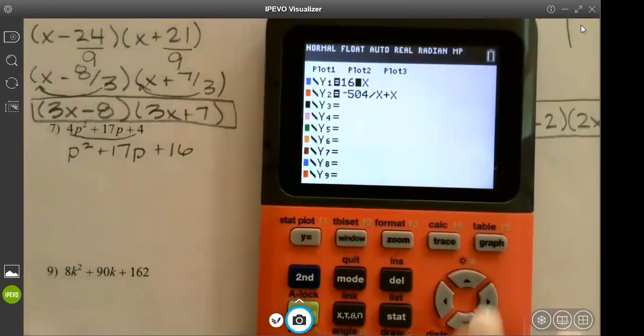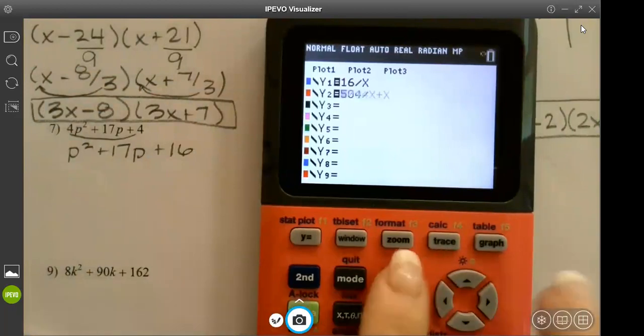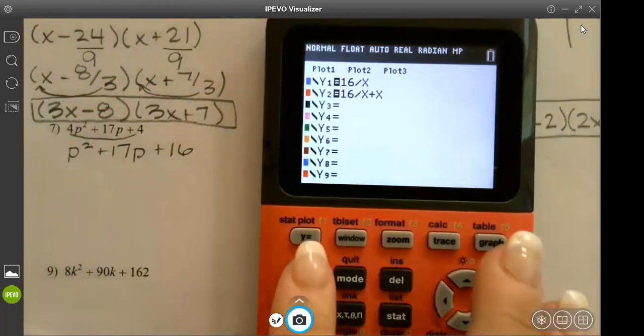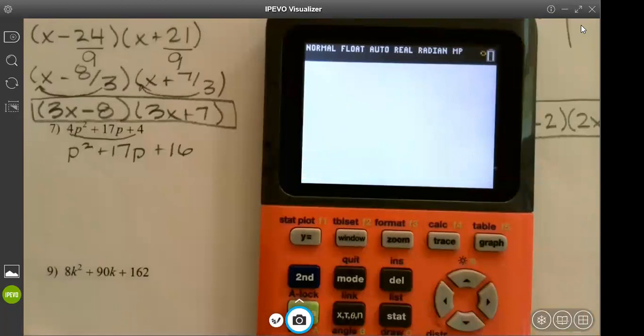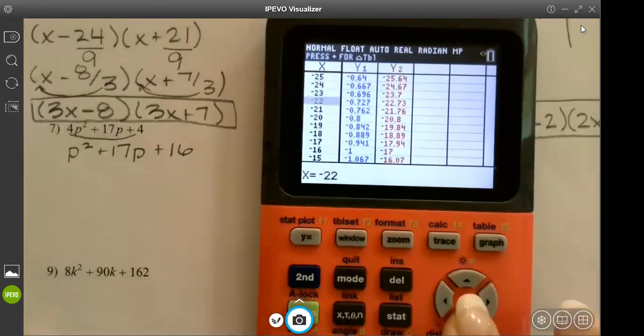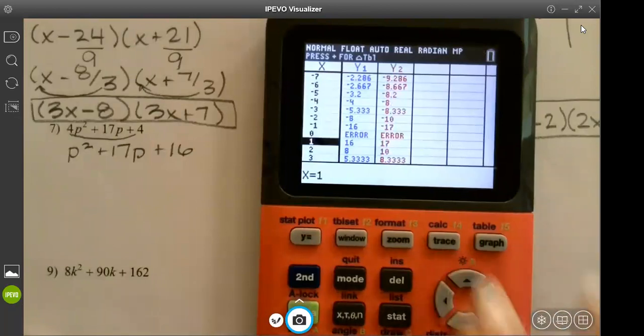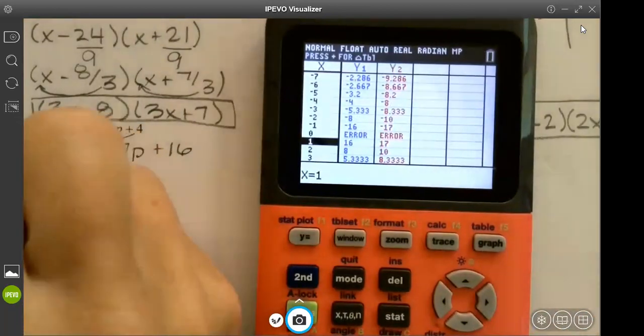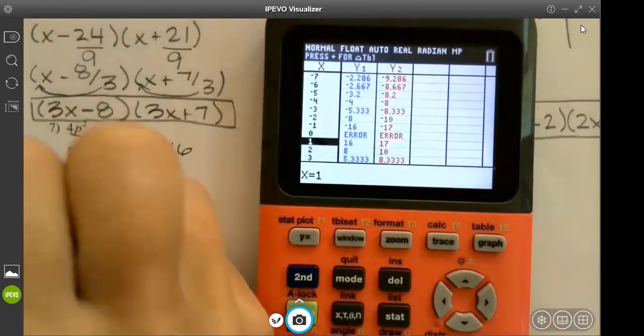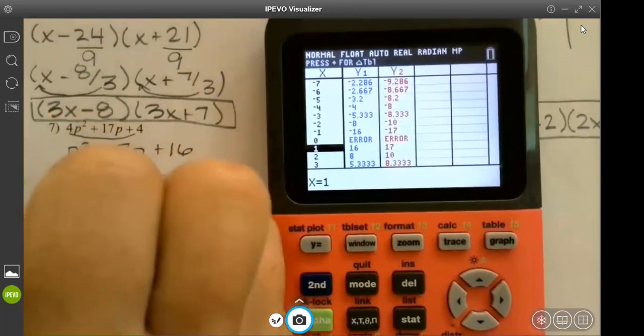We need factors of 16 that add to 17. So we're looking for a positive 17. We need to get out of these negatives. There it is. 1 and 16. So a positive 1 and a positive 16.